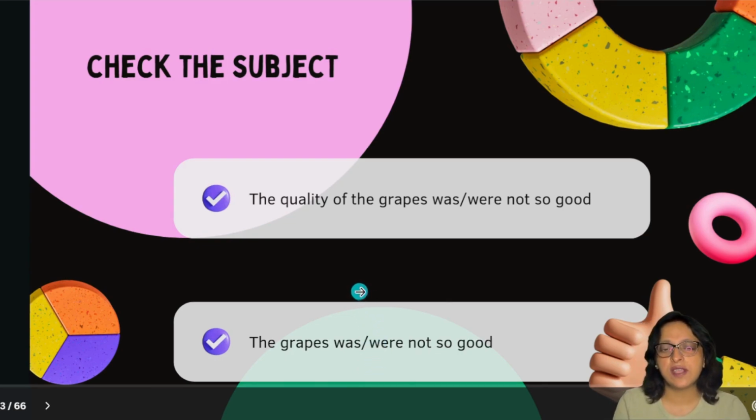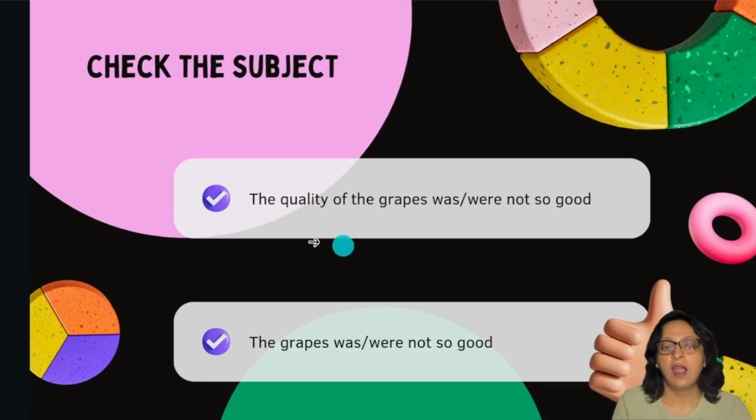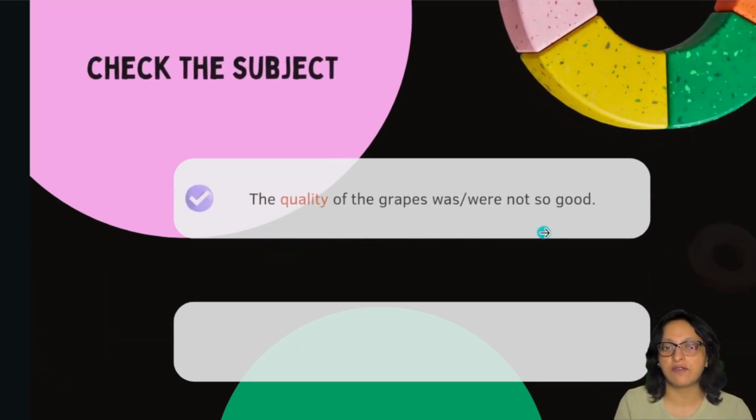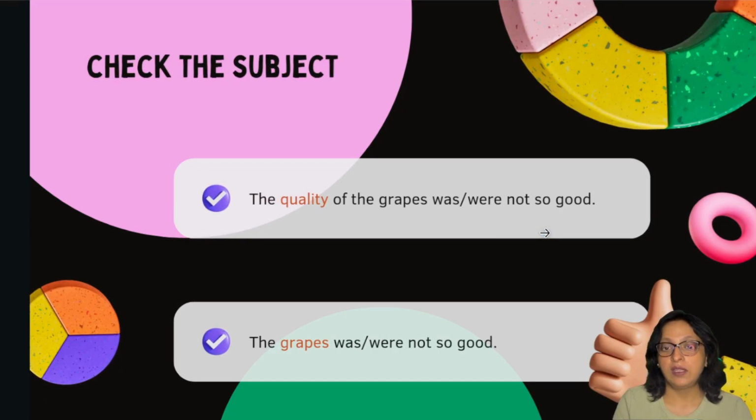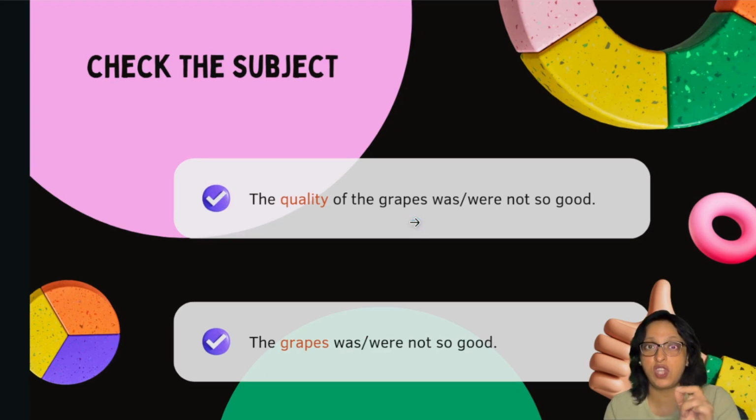So which is the subject in the first sentence? The quality of the grapes was or were not good. Let us understand this sentence first. The quality is the subject because we are not talking about the grapes in general. We are talking about the quality of the grapes.